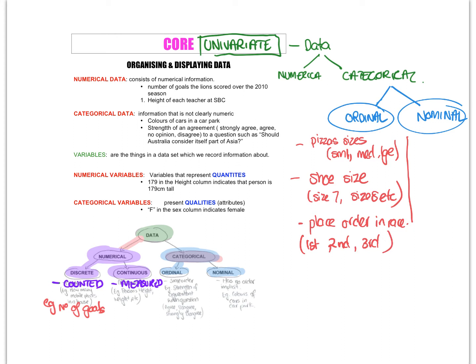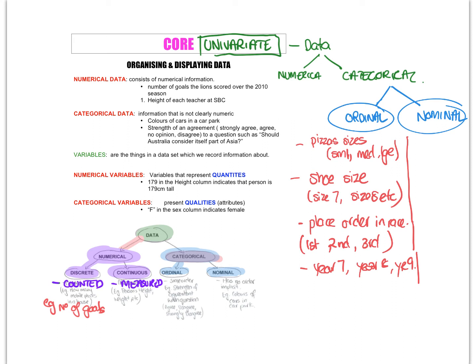Another one that you might see a lot is year 7, year 8, year 9. That's still a category, even though it has a number sounding. But it's got order because we know a year 9 is older than a year 7. So they're some of the tricky ones like that.